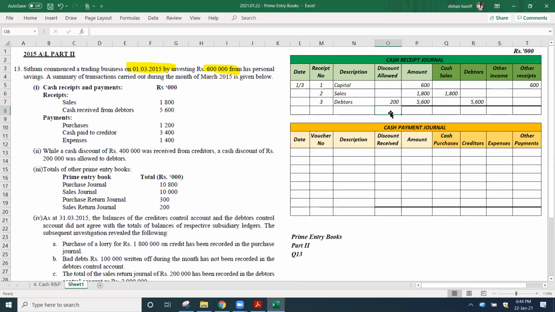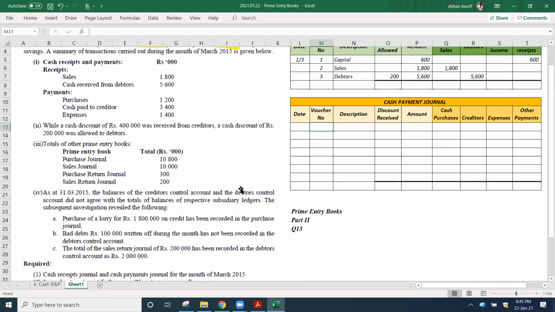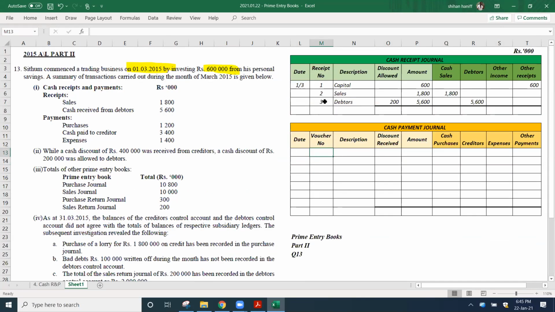And we can calculate the total values. This is the cash receipt journal. Very simple. We have done much harder questions than this.